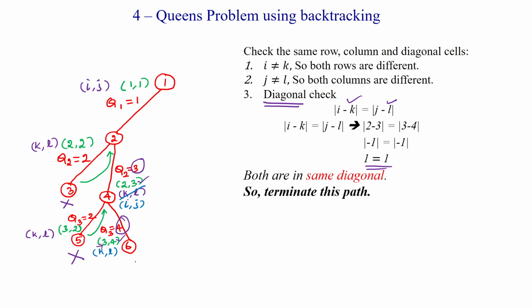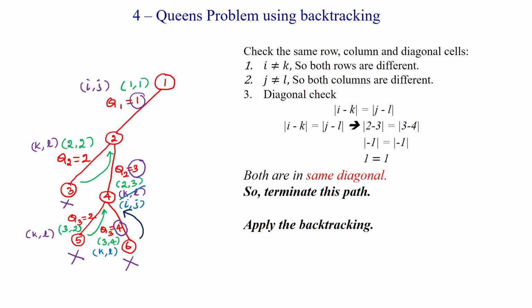So now we have to terminate this path. I am terminating this path, then applying backtracking. Node number 4 has to be explored again, but all the possibilities are completed. Queen 1 has taken the first column, queen 2 the third column, and queen 3 the fourth column.